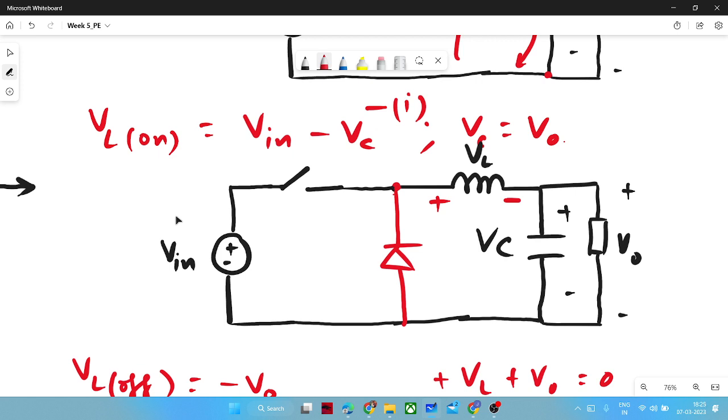That is, we are connecting the multimeter positive probe to the left side of the inductor, and the negative or reference probe, the black probe, to the right side of the inductor. So it shows minus V naught. That is the reference we are taking. We can't change the multimeter probe for each cycle. We will keep the multimeter probe at a fixed point.